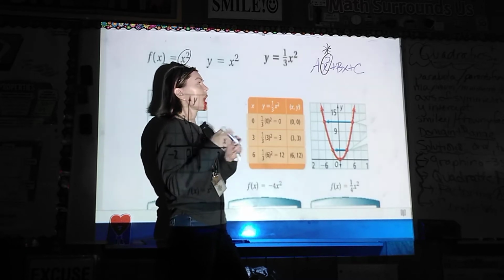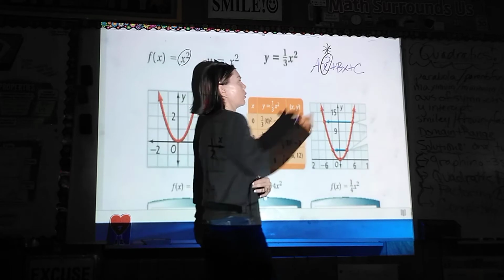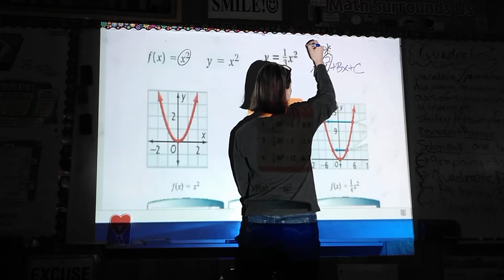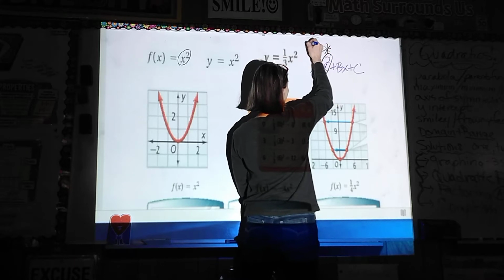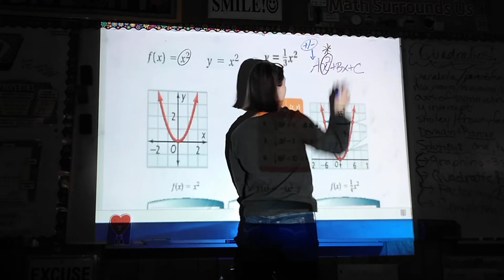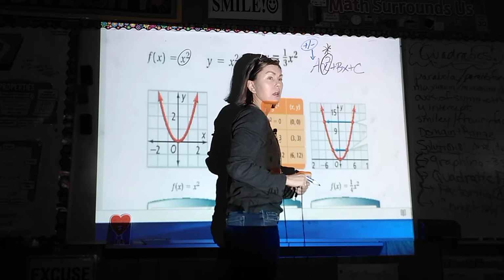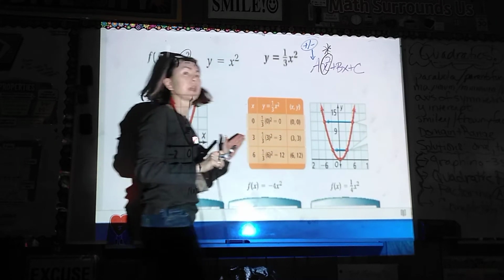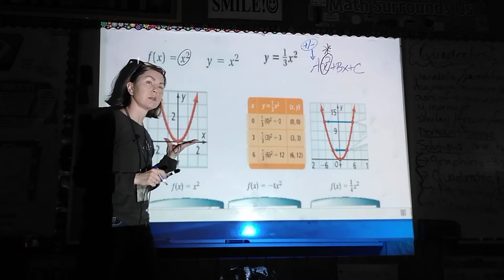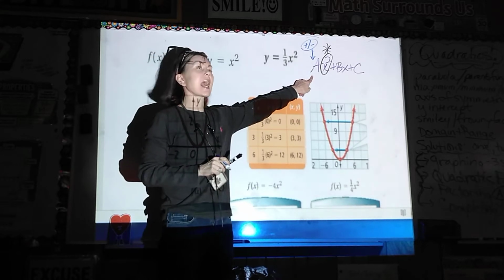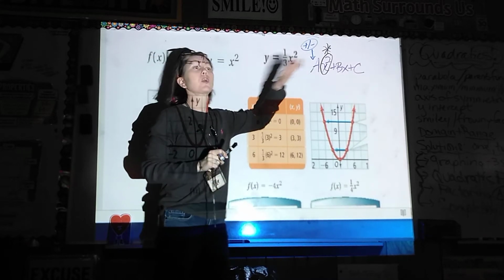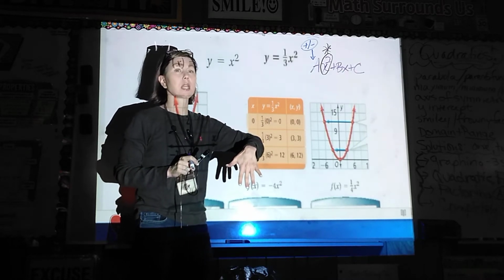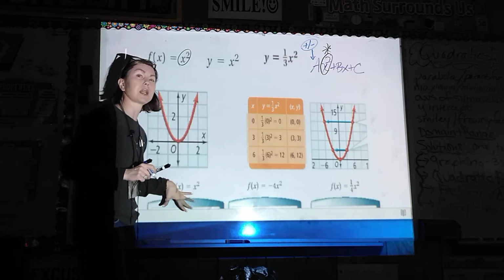Okay, so everyone draw an arrow to your a term. And I want you to write the positive and negative symbol, okay? Because what did we say would happen to the parent function if this a value was negative? What did we say would happen? It would be a frowny face. Frowny face, thank you. Okay, so it would flip it upside down.